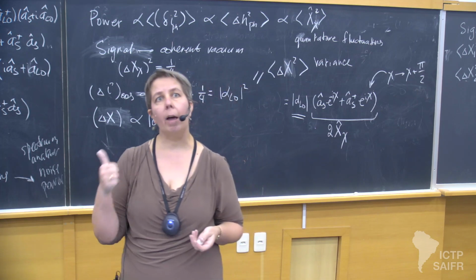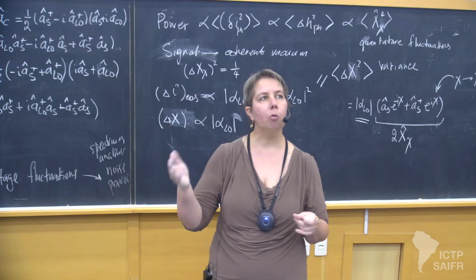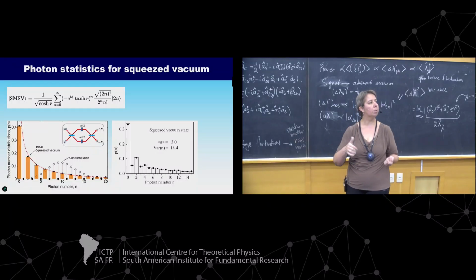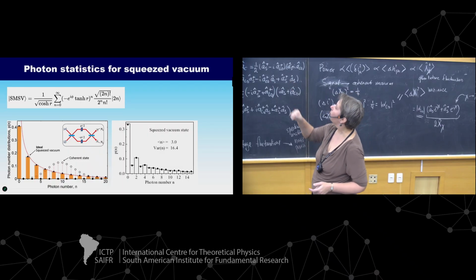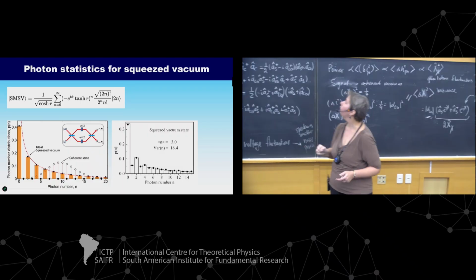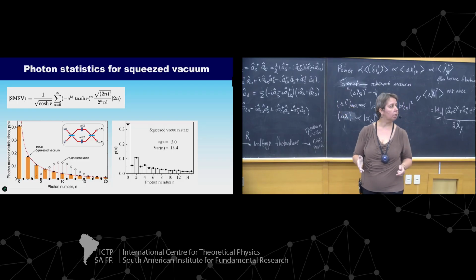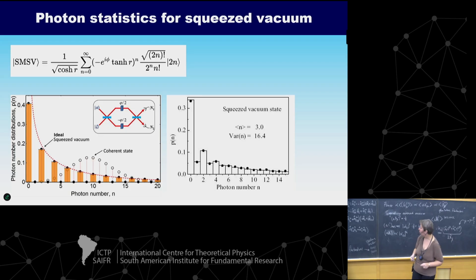So first of all, squeezed vacuum actually do have a little bit of photons in them. The number of photons is proportional to your squeezing parameter, so the stronger you squeeze, the more photons you have. It's still a few, but you definitely have them. The second amazing thing you will discover is photons come in pairs. In ideal squeezed state, your photons will come in pairs.